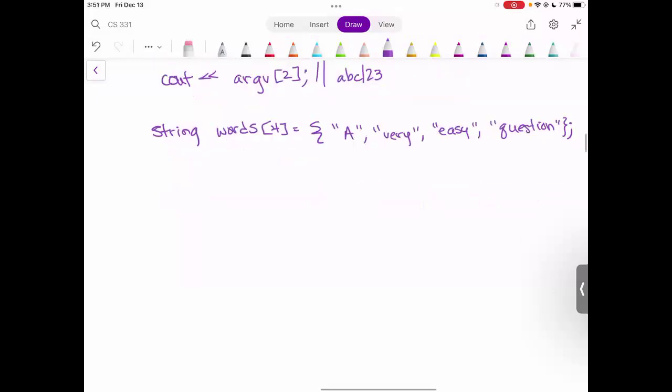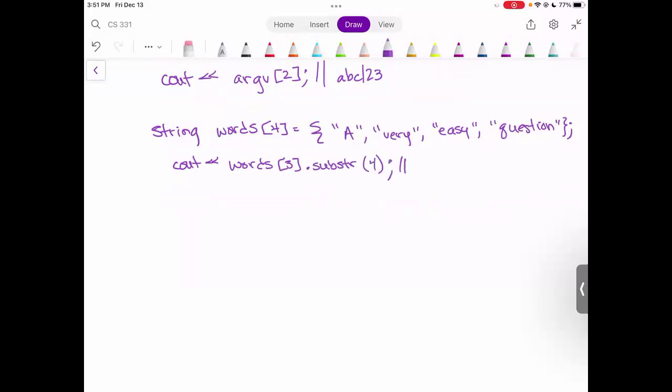Now we use the substring method. Words sub 1 dot, you know what, we're not going to do words sub 1, we're going to do words sub 3 dot substring of 4.